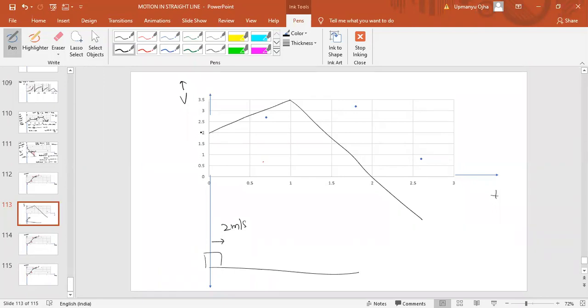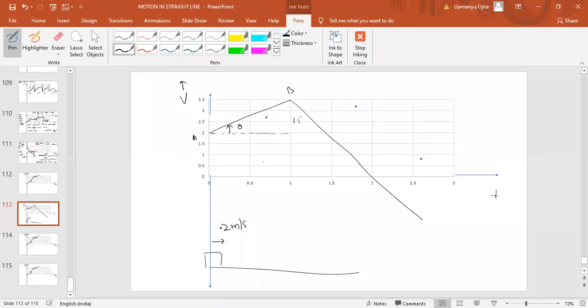So if I find the acceleration here, say A to B, what is the acceleration here? This is theta, which is 3.5 by 1. No, sorry, 3.5, this is 2. So it should be 1.5 by 1.